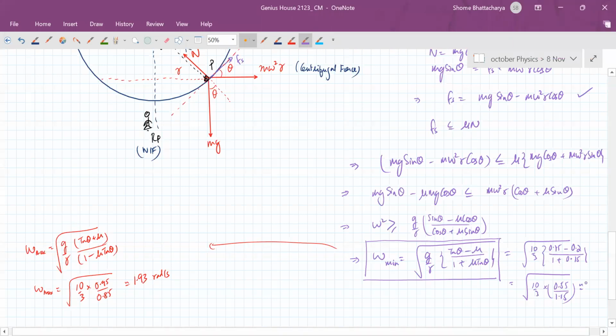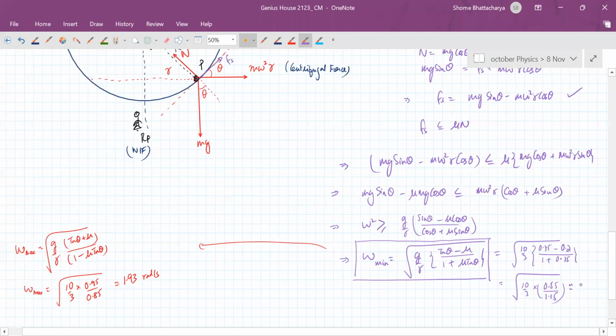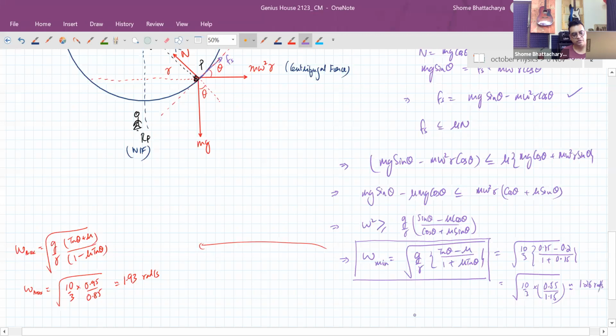So 1.59, and the square root of that is about 1.26, I think. So this will show you that the range of omega in general should be in between these two values.